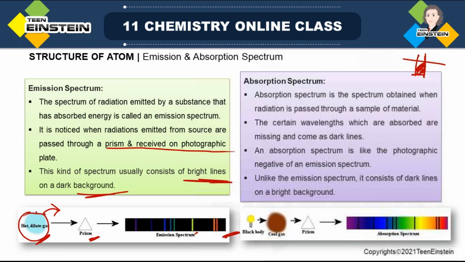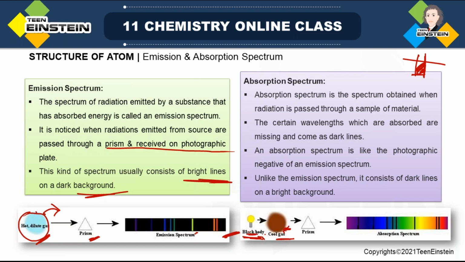What about absorption spectrum? Absorption spectrum is a spectrum obtained when radiation is passed through a sample. Now we have taken a black body, and we know the black body emits radiation which will contain all the wavelengths. Now these wavelengths, when going through some cool gas, depending on the substance that is present in this cool gas, it will be absorbing some wavelengths.